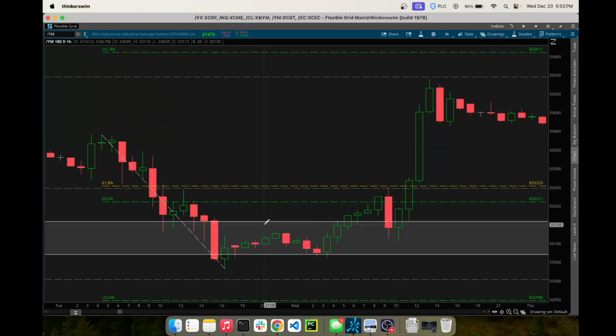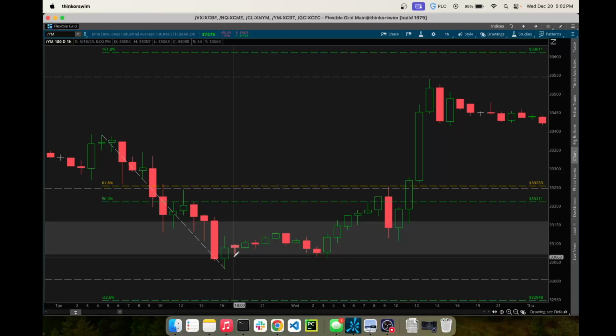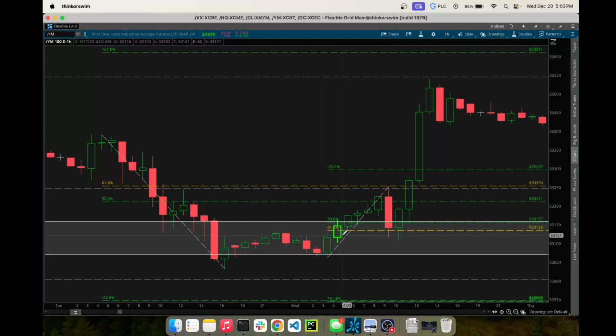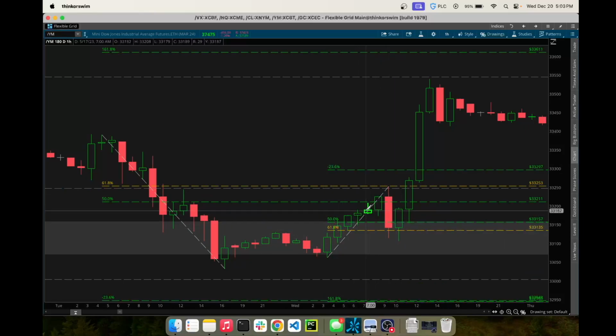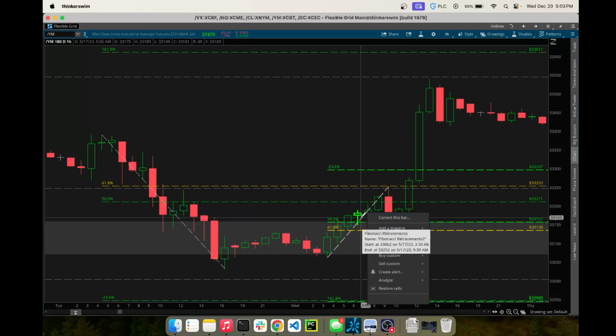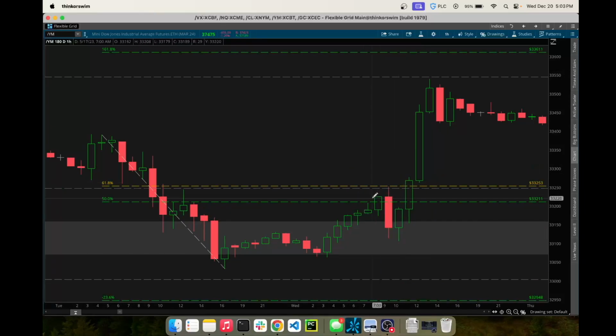But knowing that we've already completed this ABCD zone on a larger scale Fibonacci sequence, I might not be too interested in taking the short. And if I do, by no means am I willing to take it down beyond even the top of this zone, because I know that price has kind of turned around.